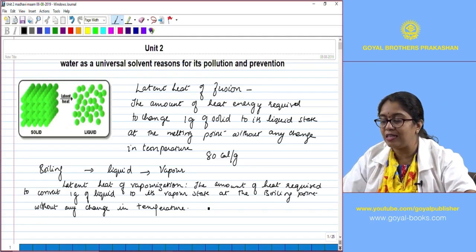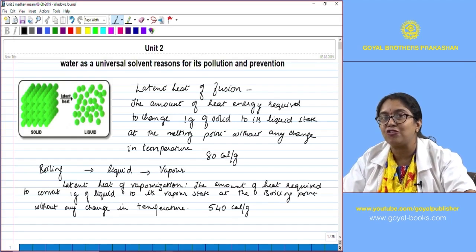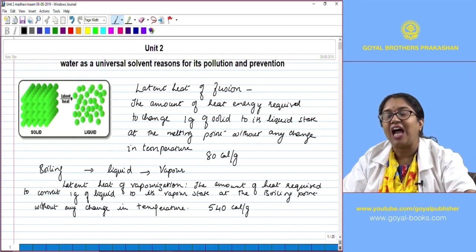Latent heat of vaporization for steam is the highest, and the value of it is 540 calories per gram. The latent heat of vaporization of steam is very, very high, and this is made use of while we are cooking. It is faster and easier to cook in steam.